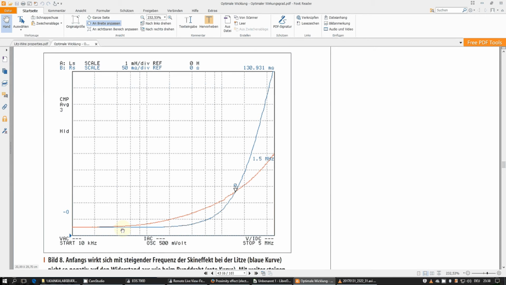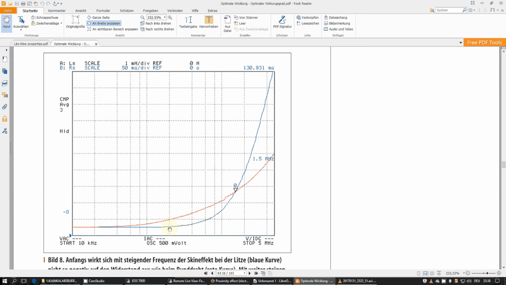But now let's go, for example, to 200 kilohertz, which would be the middle of the long wave AM radio range. Here we can see clearly the blue graph for litz-wire is much better, by a factor of around 2, than the single wire, because in the single wire the skin effect already comes into play.